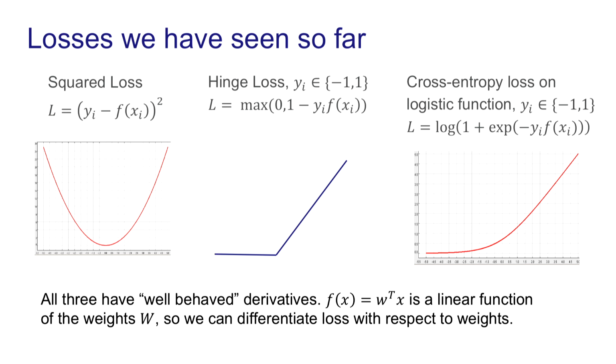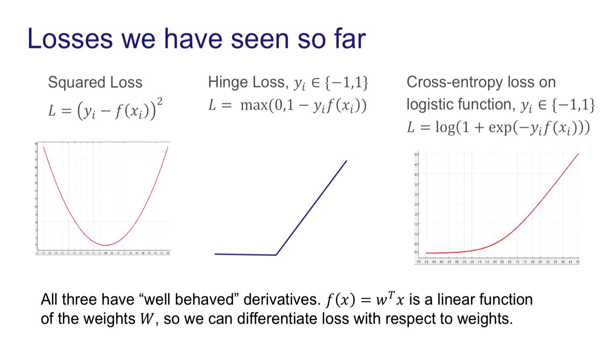So in terms of losses that we've seen so far, we've looked at least squares loss for linear predictors. We looked at hinge loss for support vector machines, which gives us a margin. And we also observed that the cross-entropy loss applied to a logistic or softmax prediction is an asymptotic hinge, right?